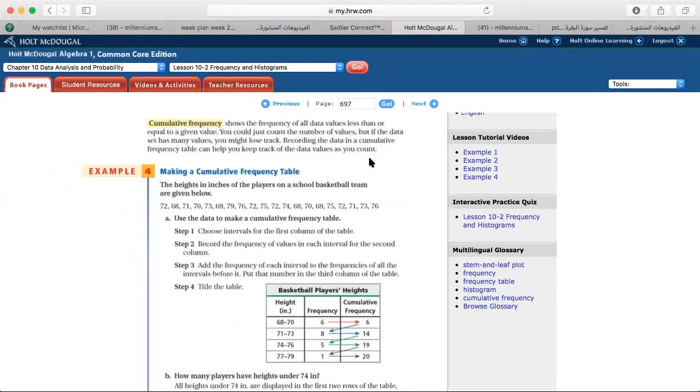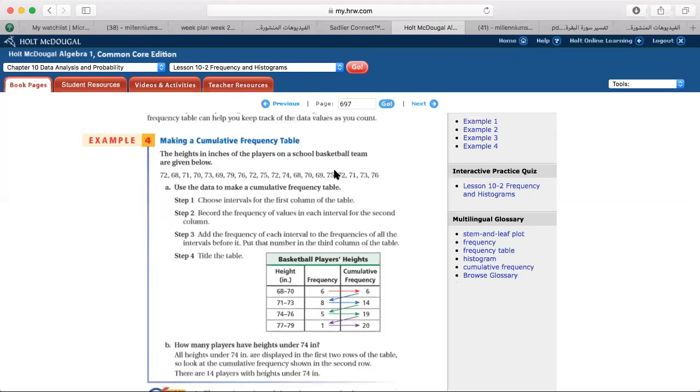Cumulative frequency shows the frequency of all data values less than or equal to a given value. You could just count the number of values, but if the data set has many values, you might lose track. Recording the data in a cumulative frequency table can help you keep track of the data values you count.